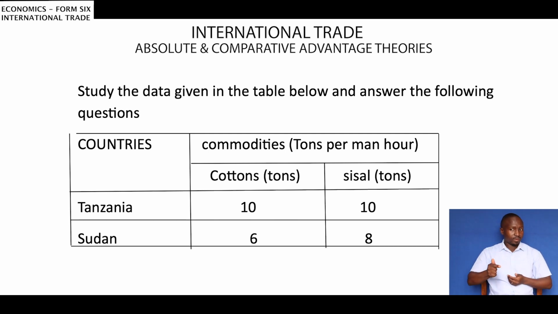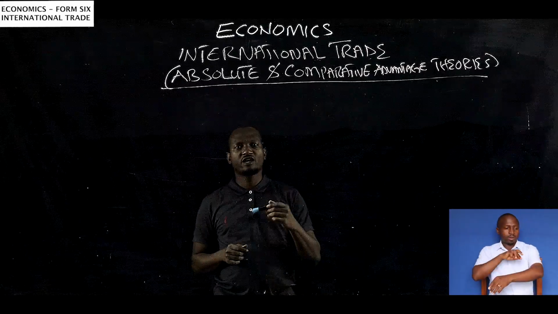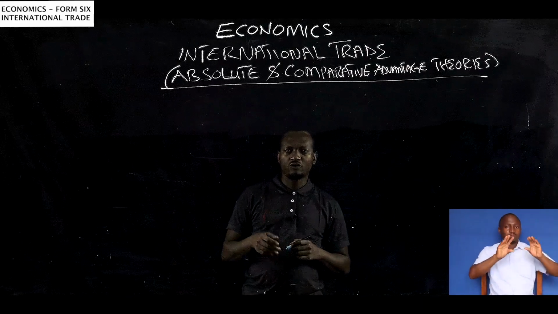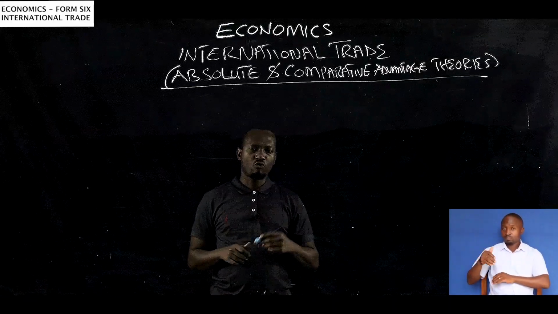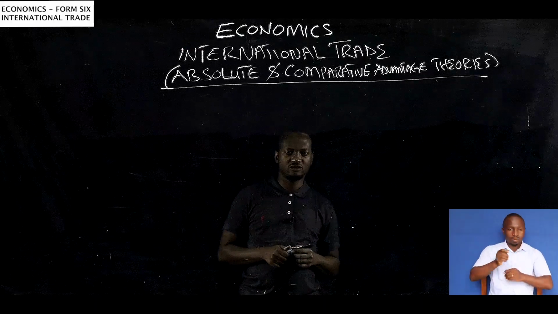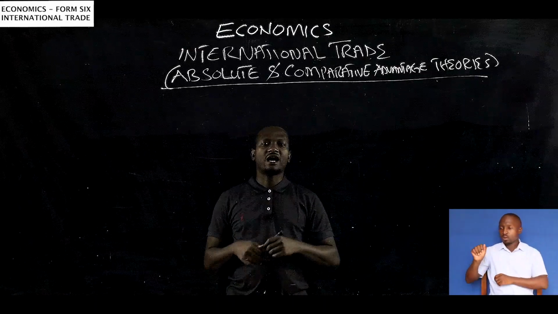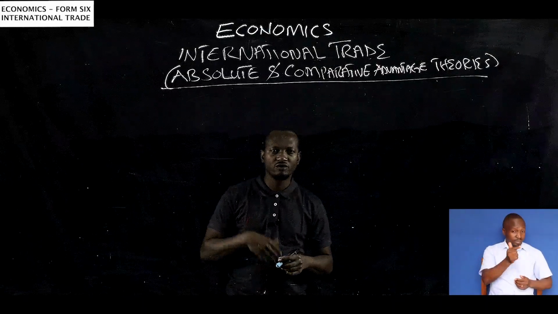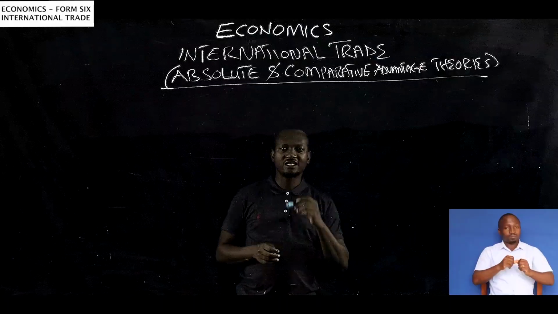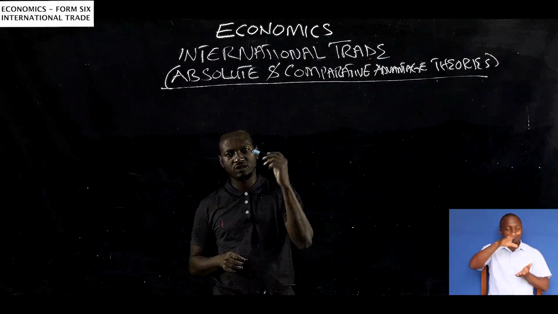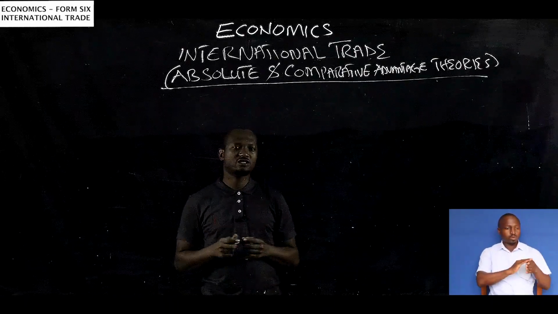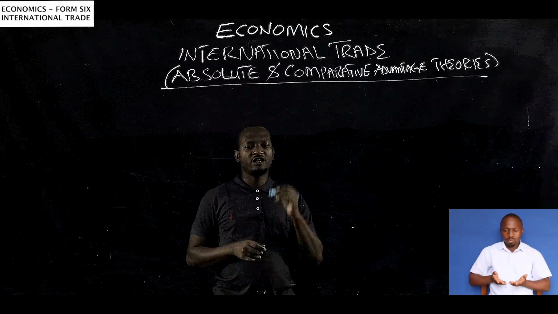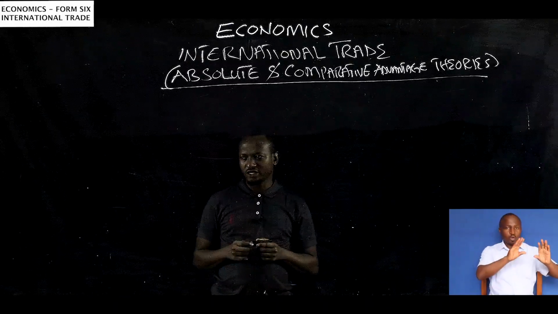So Tanzania has absolute advantage in the production of cotton because it uses few resources to make more production of cotton. And when we come to sisal, Tanzania is also producing 10 tons of sisal, while Sudan is producing 8 tons of sisal. So still Tanzania has another absolute advantage in the production of sisal. So in short, Tanzania has absolute advantage in production of both items, cotton and sisal, because it uses few resources to make more production in both items.